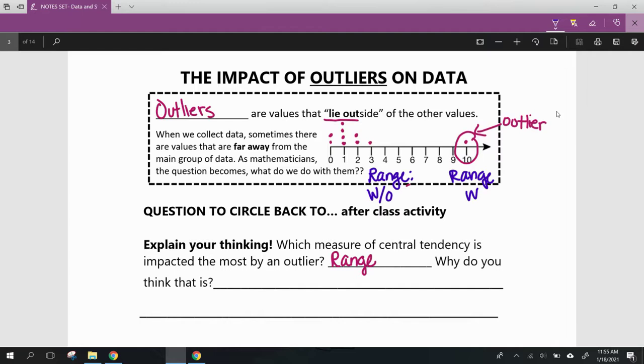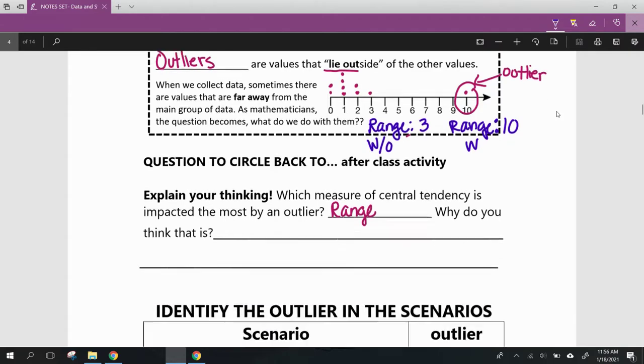Our range is our highest minus our lowest. So that takes 3 minus 0, which is 3. Our range with our outlier is from 0 all the way to 10. That is a fairly substantial impact, especially if we're talking about the range of pets, right? It's huge. So just a little nugget on that. We're going to come back to it.